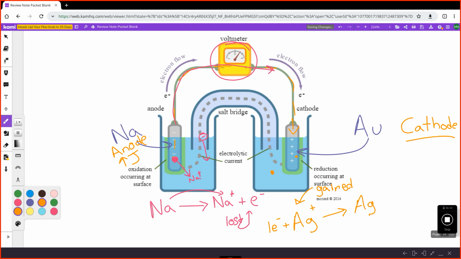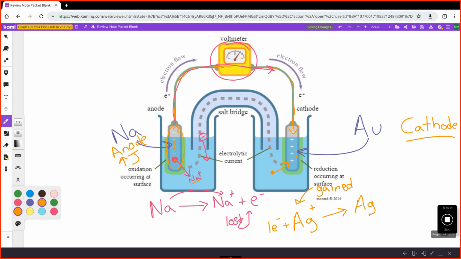This is how oxidation and reduction occur in a voltaic cell. Spontaneous, it happens on its own, nothing is happening to make this happen. One tiny final detail, right? If these atoms are becoming ions, the mass of this electrode is going down.